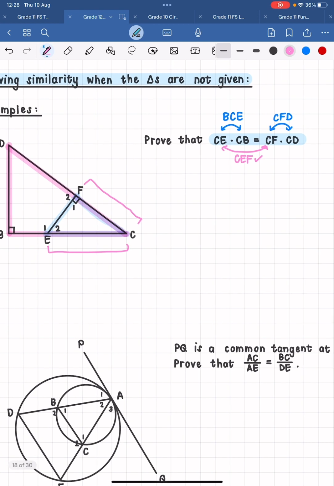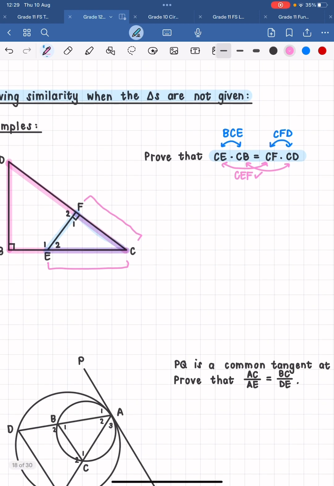Now let's quickly find the other triangle. I'm now going to look at the other two sides that are left, right? I already have a triangle that has CE and CF. Now I need to find a triangle that has CB and CD. So a quick way of doing that is just to check which letters I have there. I have C, B, and D. And is that a triangle?